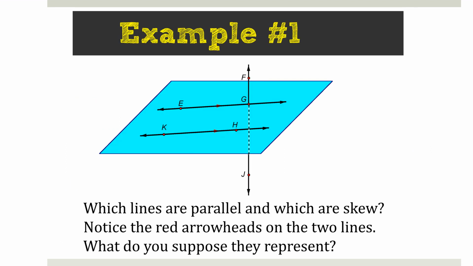Okay, so here's a little example, or a little picture, if you will. Danny, tell me what's happening in that picture. Give me some interesting stuff. My FJ is going through the plane, and my EG and EH are parallel.